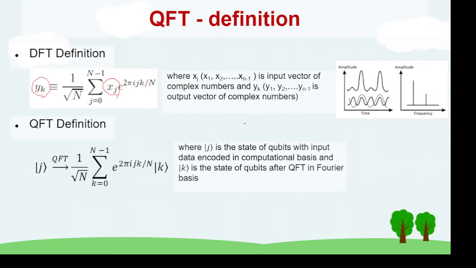To understand a little better, I'm sure most of you are aware that in signal processing, suppose we are given a wave like this, and the data is given as x1, x2, x3, x4, x5 and so on at discrete time steps. With the help of the Fourier transform, we will be able to convert this time domain data to frequency domain data.